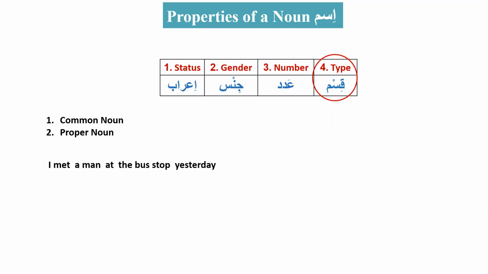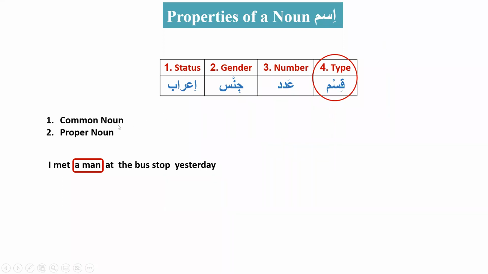So I have written a very simple sentence here. The sentence is, I met a man at the bus stop yesterday. Now I'm going to encircle a word here. A man. Now my question is, is this a common noun or a proper noun?